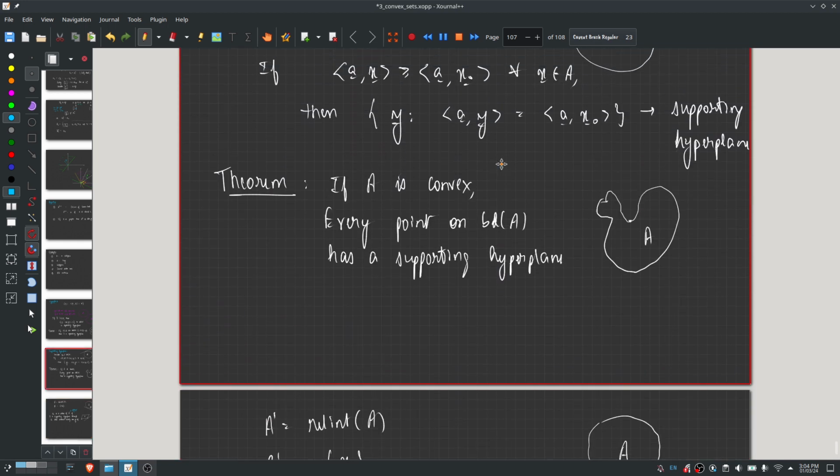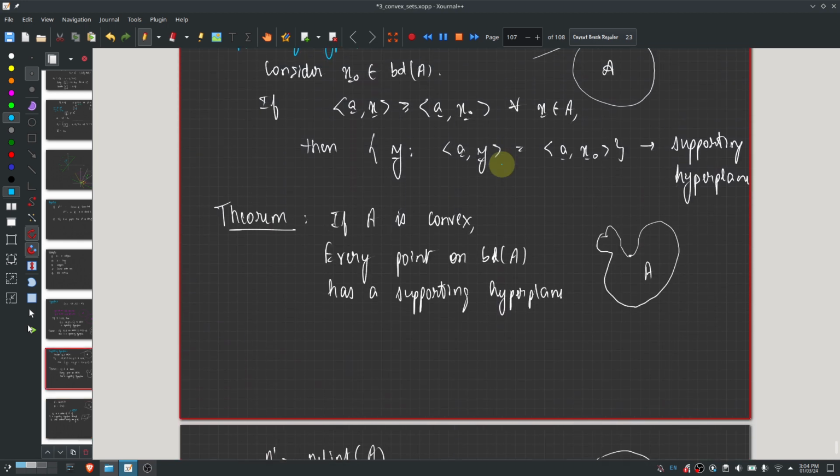But this particular result, right, that if A is convex, then every point on the boundary has a supporting hyperplane, correct? So now if I take the intersection of the half spaces formed by these supporting hyperplanes, then what do I get?